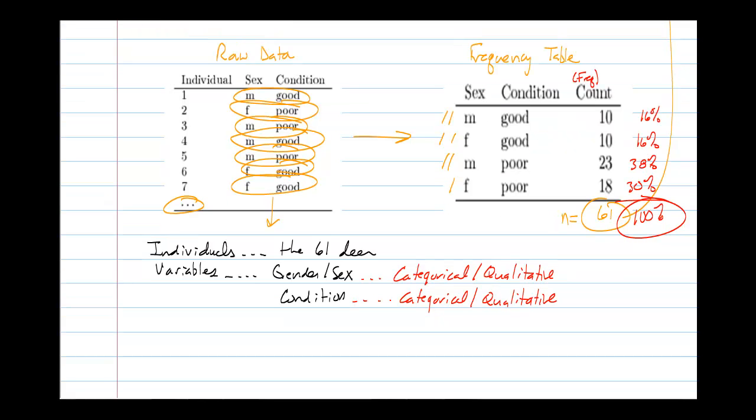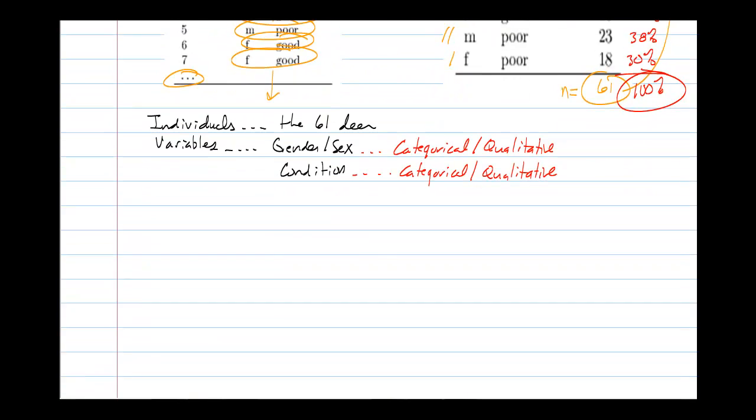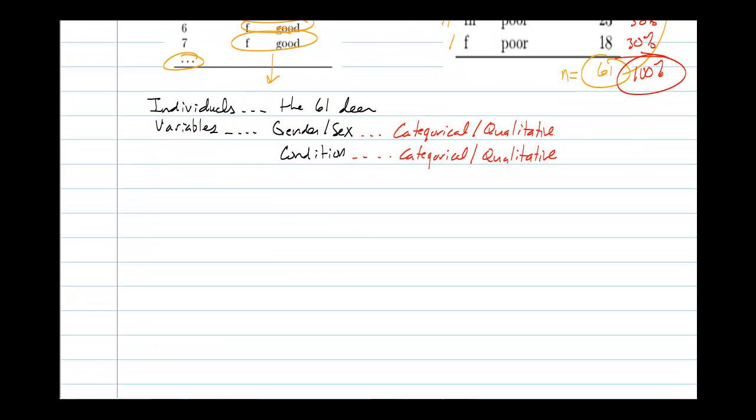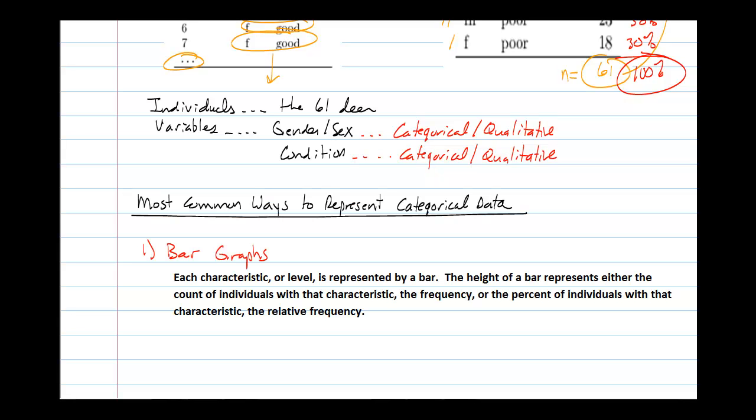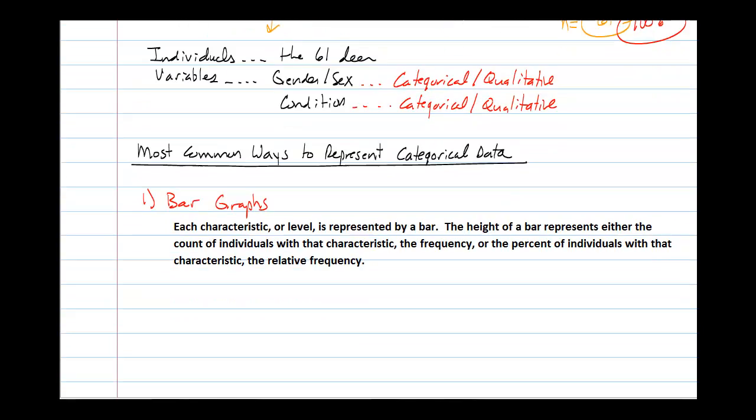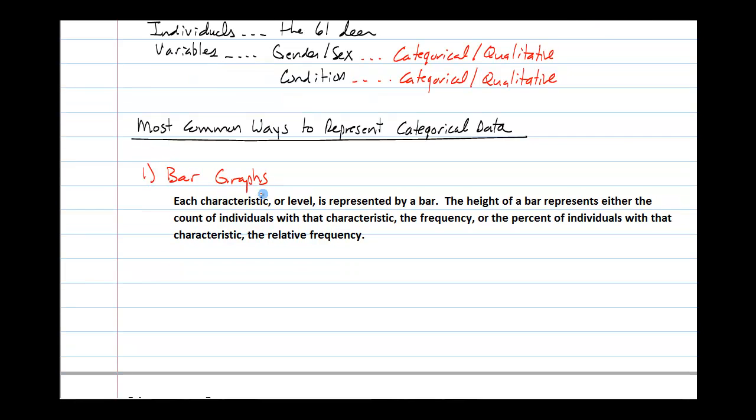So when we're looking at categorical data, there are some graphs that apply particularly well for representing categorical data. The first type that we're going to look at is a bar graph. Now for a bar graph, each characteristic, in this particular case gender or condition or level, is represented by a bar.